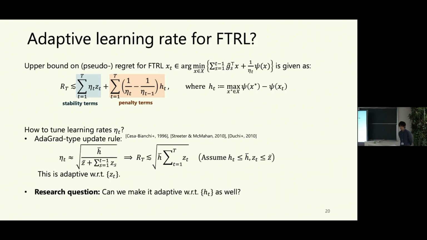Here, again, we wonder how to tune the learning rate. Similarly to the case of online gradient descent, we can consider other AdaGrad type update rules. In that case, we can get a regret upper bound depending on ZT.